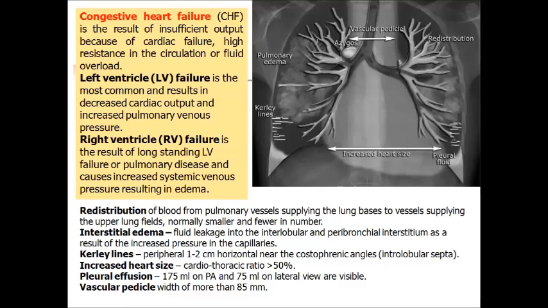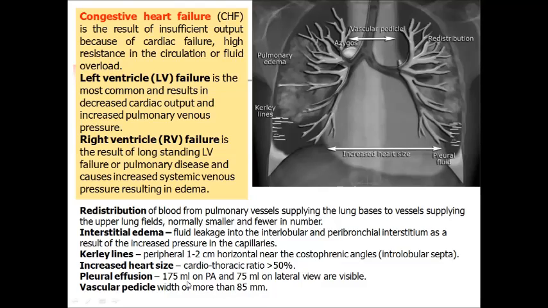Increased heart size, or increased cardiothoracic ratio, which normally is less than 50%; enlargement of the heart will always lead to an increase of cardiothoracic ratio to more than 50%.